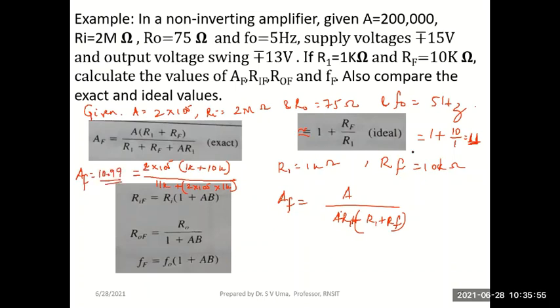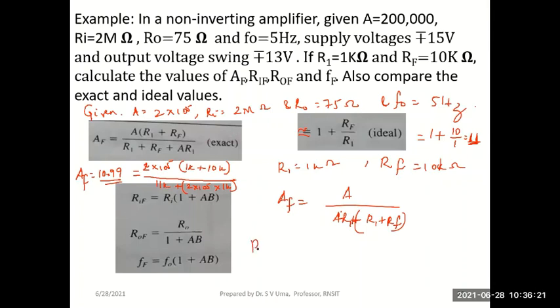So you can see how much difference is there between the two. That's why it hardly is important for us to do the exact calculations, and exact equation need not be used in the design. There's a 0.01 or hardly less than 1% error. So it won't matter.